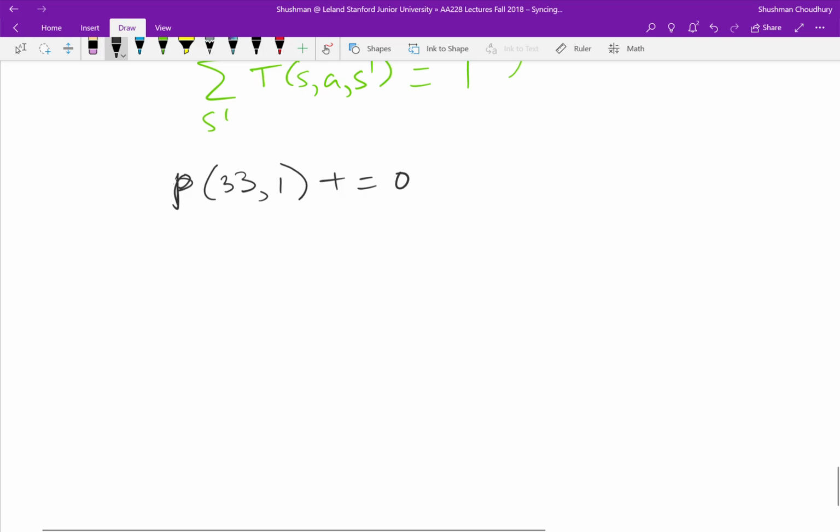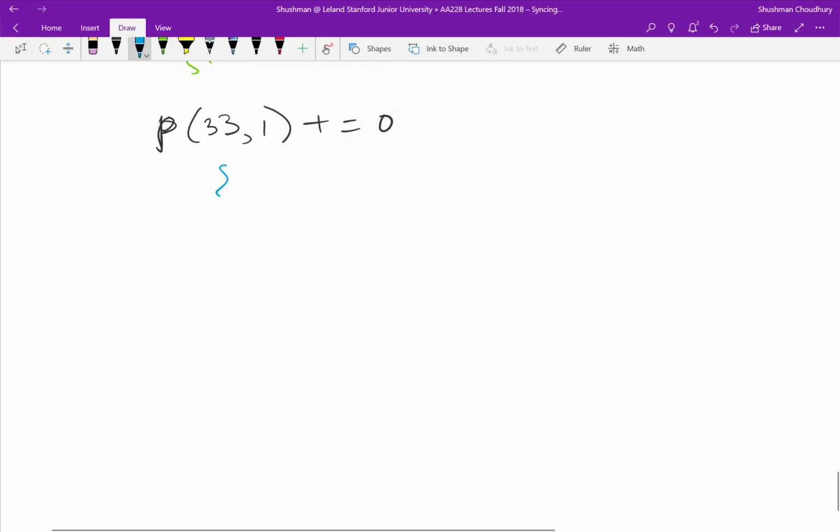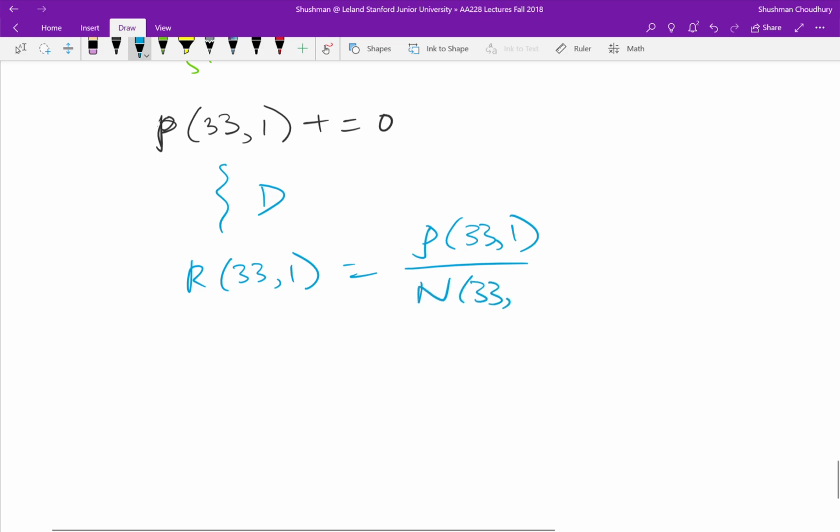And you've already incremented NSA here, so at the very end, after you do this through all the data, you would compute R33 1 equal to just the average of whatever you've seen all this while, right? And you have all of this information. This is just the average reward, which is what my maximum likelihood estimate tries to find.